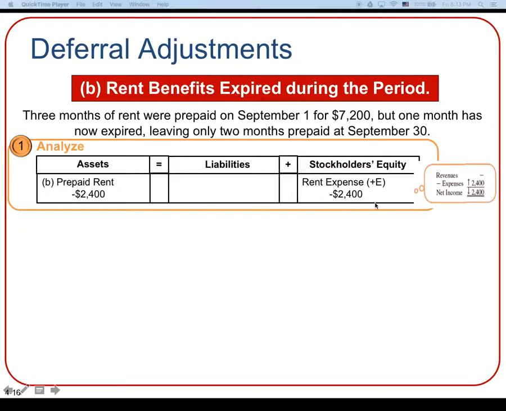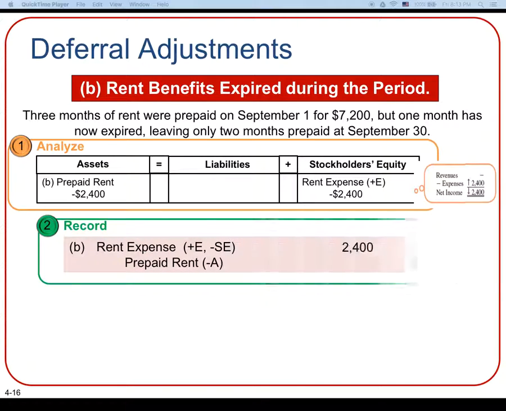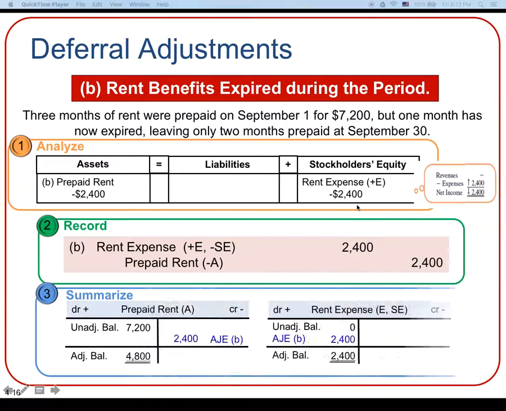So the transaction would be a decrease of asset, which is on the left hand side, so that should be a credit, right? The increase to your rent expense on your equity should be a debit. Now your accounting transaction looks like debit rent expense, credit prepaid rent. So the idea here is that you have to reduce your prepaid asset and increase your rent expense.